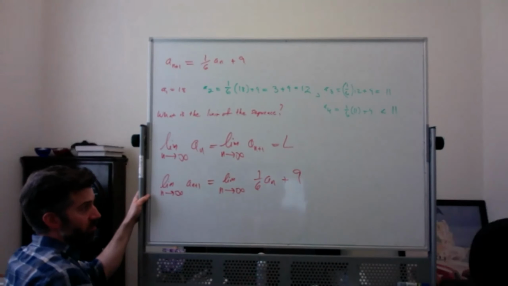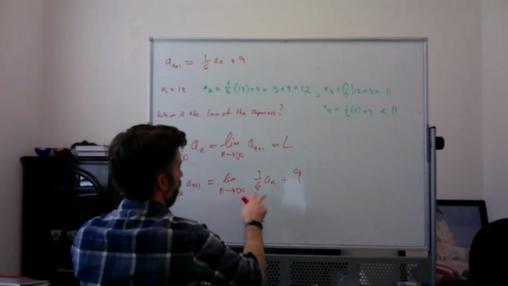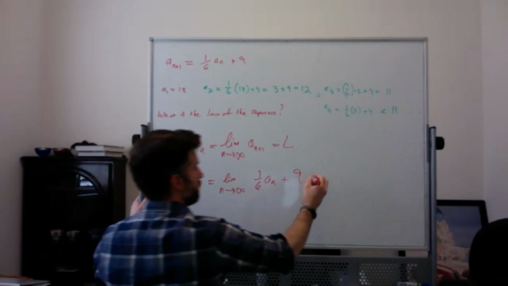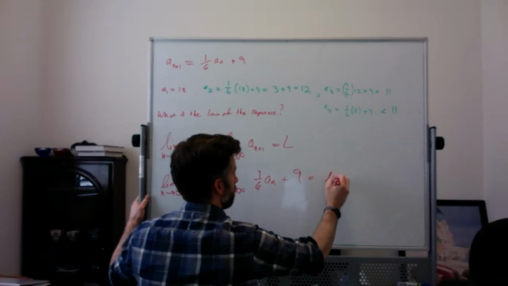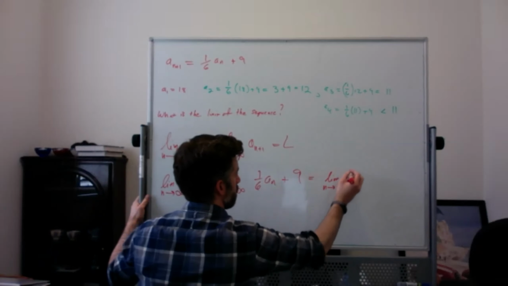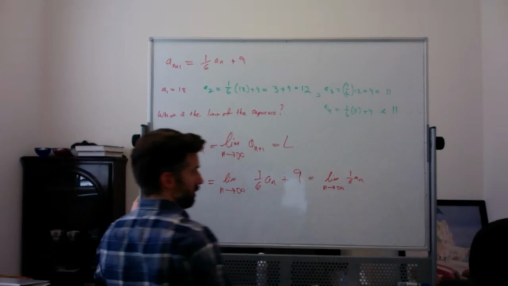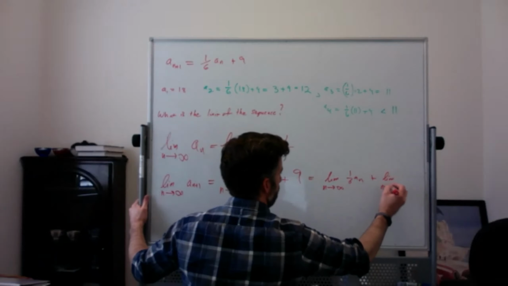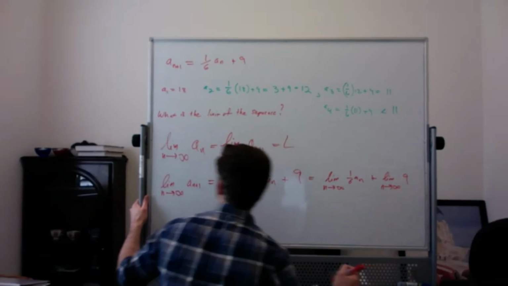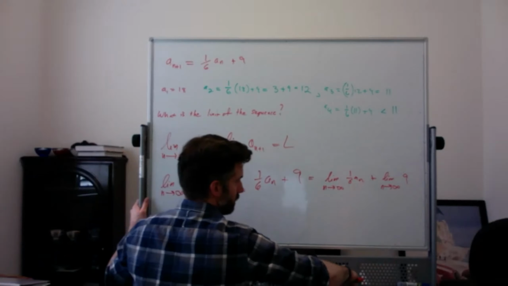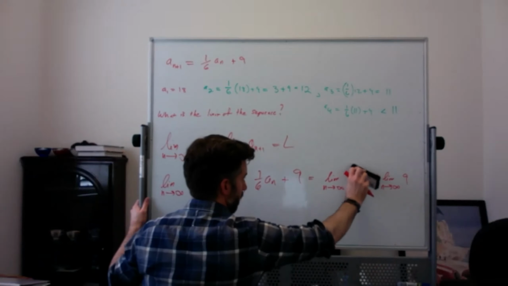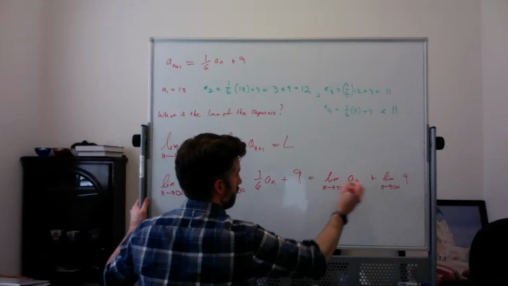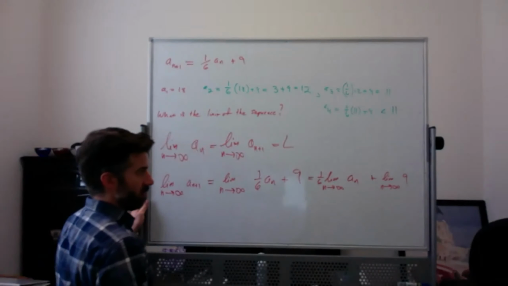And then we can use limit rules to say the limit of 1/6 times a sub n plus 9 is just the limit of this plus this. So it's the limit as n goes to infinity of 1/6 times a sub n plus the limit as n goes to infinity of 9. But then this constant 1/6 can come out in front of the limit, right? That's one of those limit rules. If you have a limit of a constant times the sequence, the constant comes out in front.